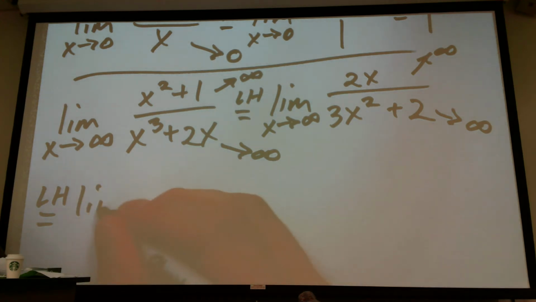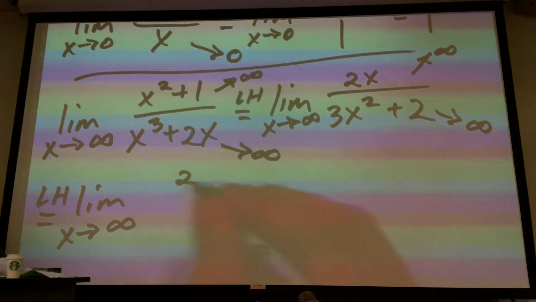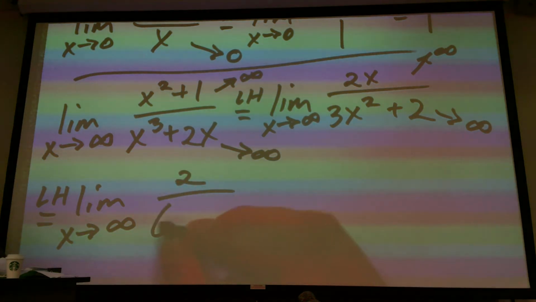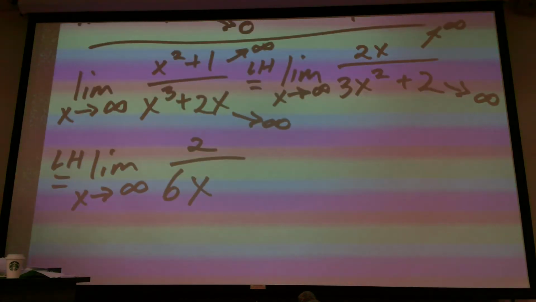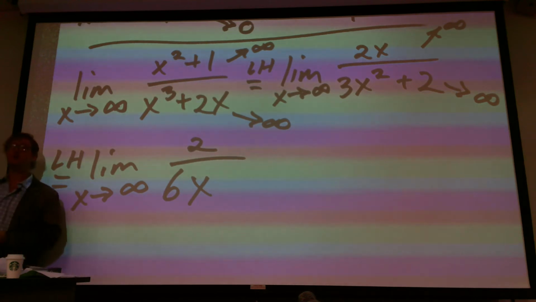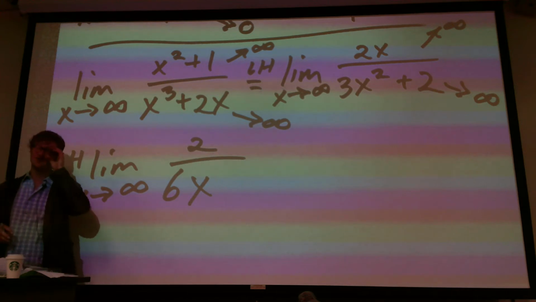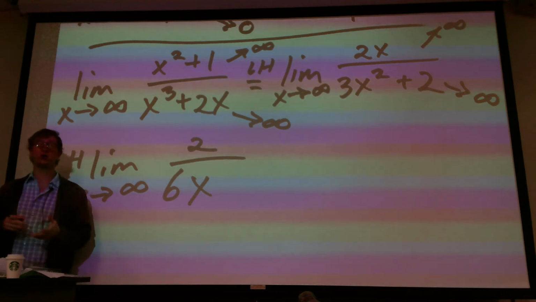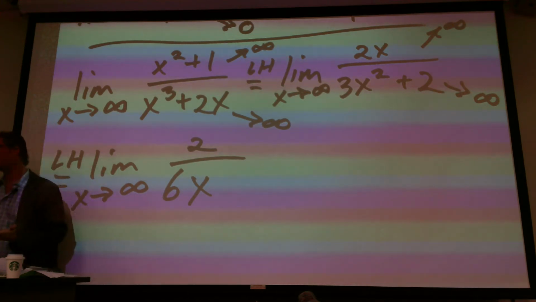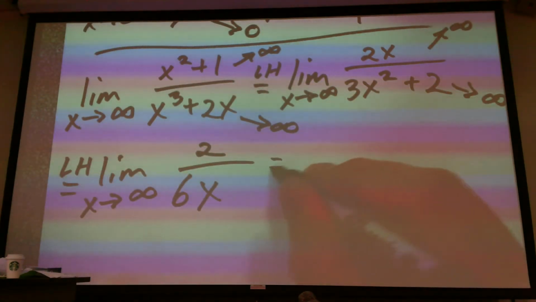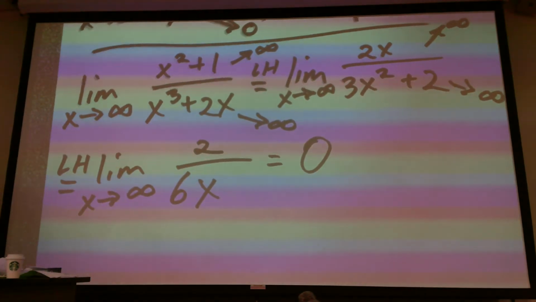That would be the limit as x tends towards infinity of 2 now divided by 6x. At this point, we've got a constant divided by infinity. And if we have a constant that is divided by infinity, that's just going to equal 0.